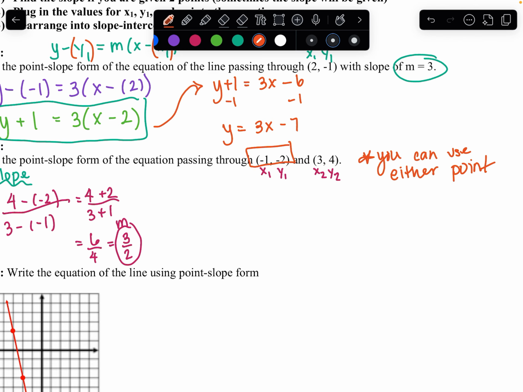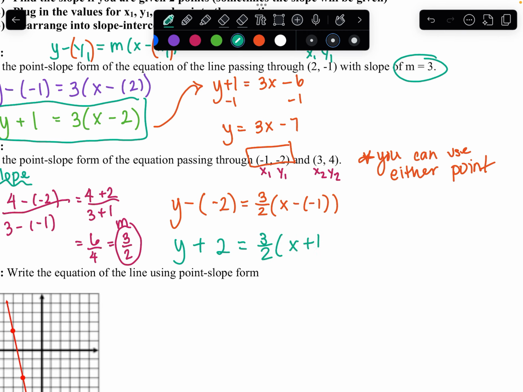So we have y minus y sub 1 equals our slope, so 3/2 times x minus x sub 1. And so we're going to simplify it to get y plus 2 equals 3/2 times x plus 1. And as of right now, that would be my point slope formula.